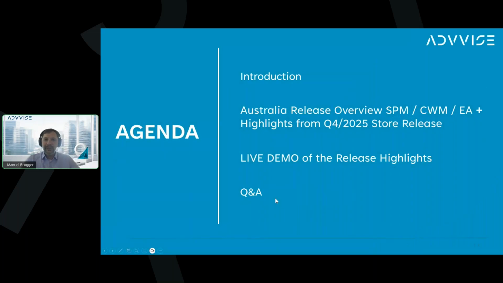So from an agenda perspective, we will cover a release overview on the slides for SPM, CWM, and EA. I will include not only the highlights for the release in March, but also the information over the release of December, so that you also get info there.